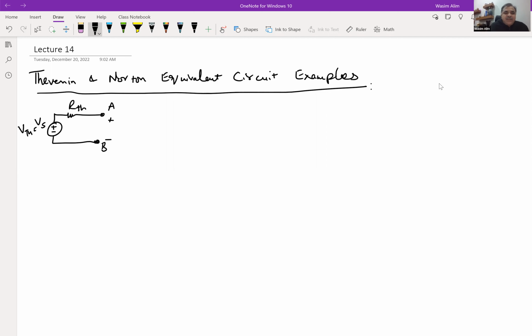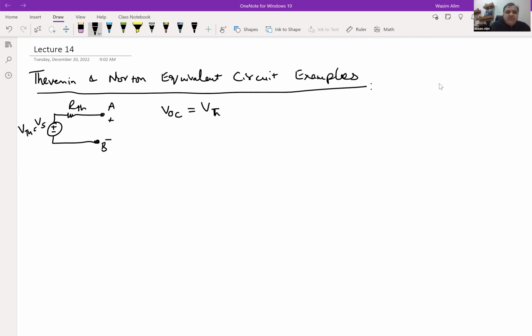Now we can find these quantities by first determining the open source voltage. So open source voltage, whatever that comes out to be, is going to be your V Thevenin.